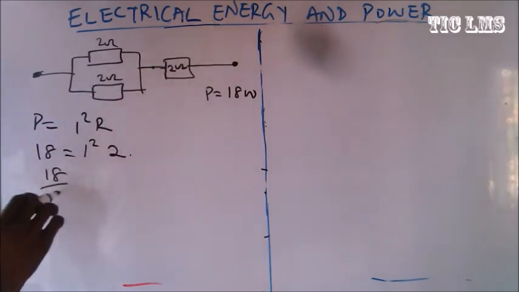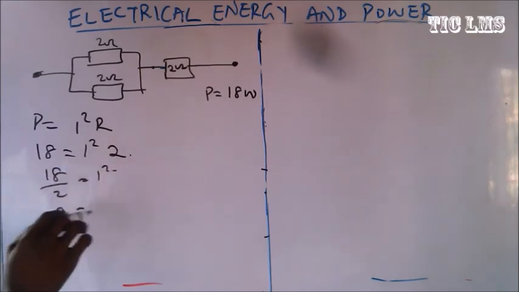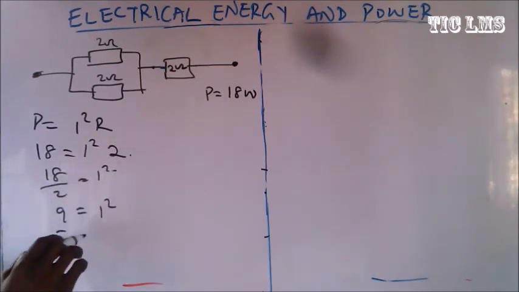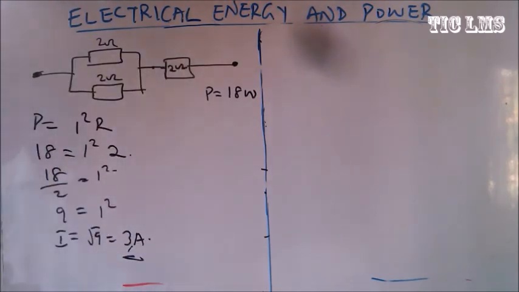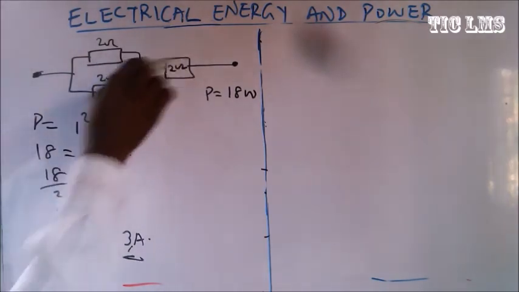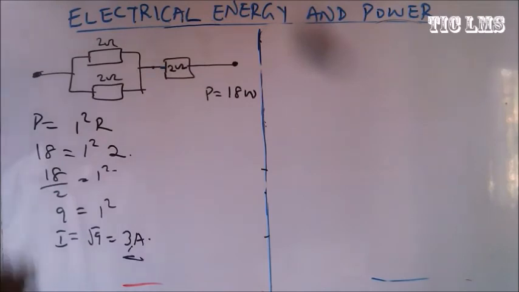So we have 18 over 2 equal to I squared, that is 9 equal to I squared. So I equal to square root of 9, and that is 3. So we have 3 ampere of current flowing in this. Now what we'll do next is we want to find the power across the entire setup.